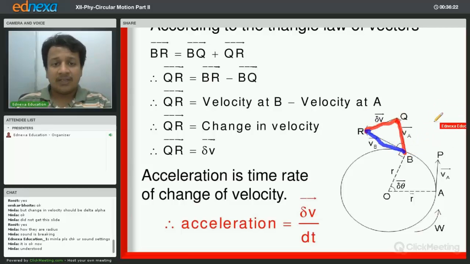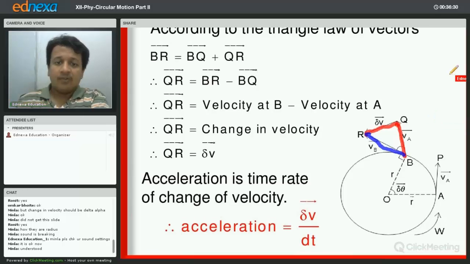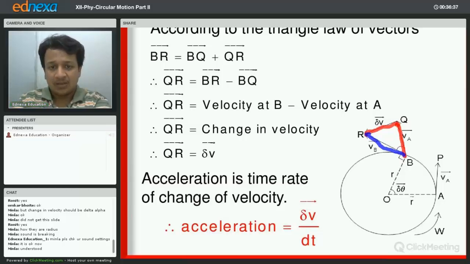But vector QR is equal to vector BR minus vector BQ. Is it right? Then what is BR? BR is velocity at point B and BQ is velocity at point A. So velocity at point B minus velocity at point A indicates that vector QR is nothing but change in velocity. We want to find acceleration.